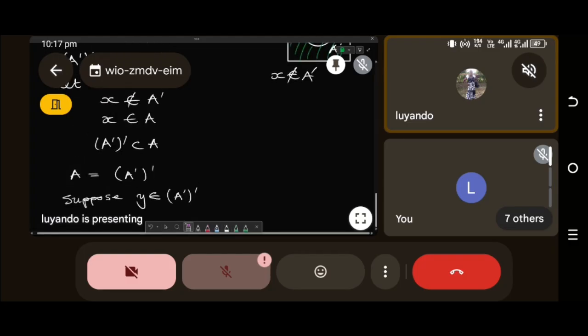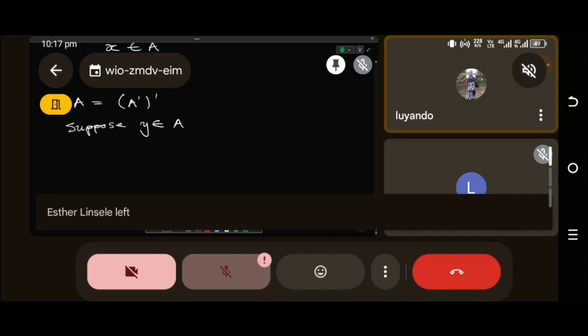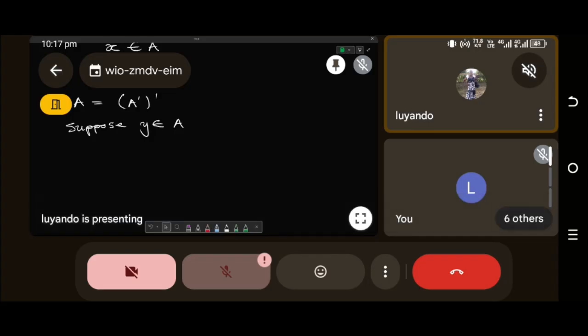We have already dealt with this part. We need to deal with this part. So suppose that y is a member of A. If y is a member of A, it means that y is not a member of A complement.